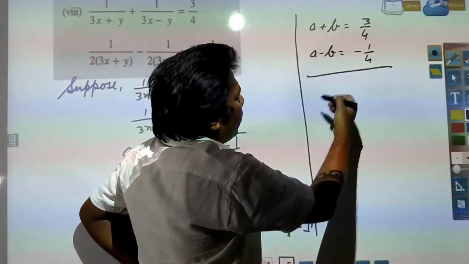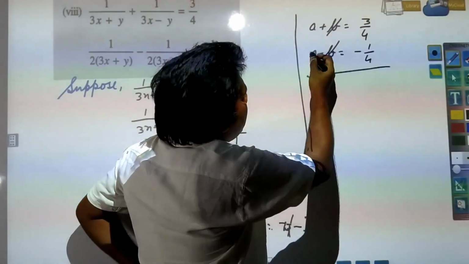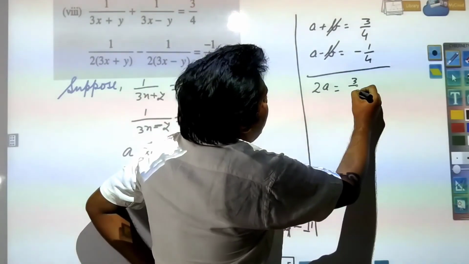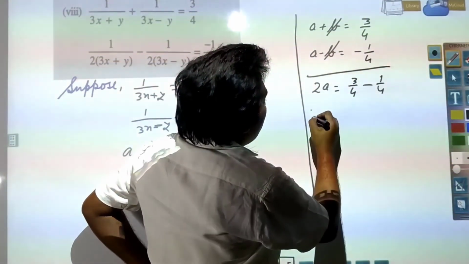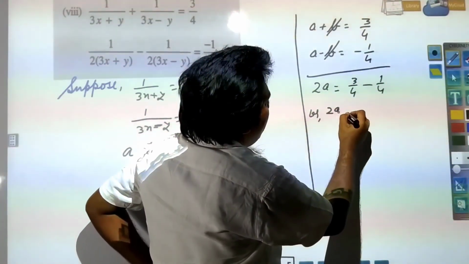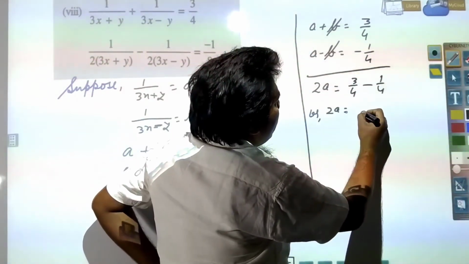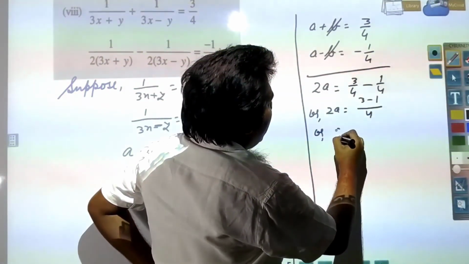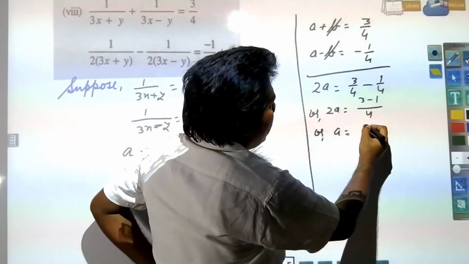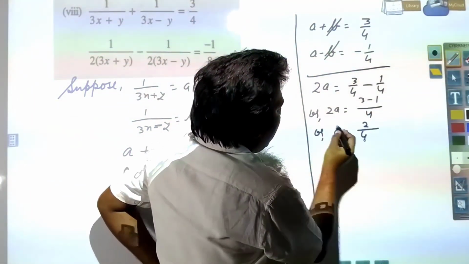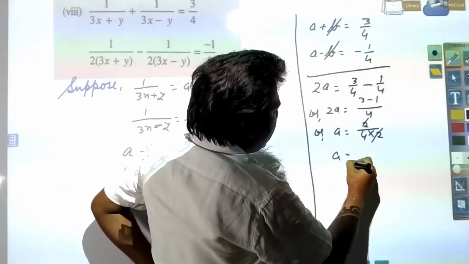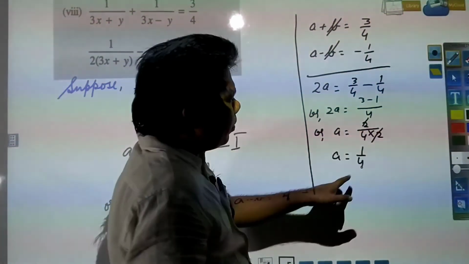If you add both equations, b cancels and you get 2a is equal to 3 by 4 minus 1 by 4, or 2a will be equal to 3 minus 1 over 4. So a will be equal to 2 by 4, and this 2 will go to the denominator, 2 and 2 will be cancelled, and you get a is equal to 1 by 4.